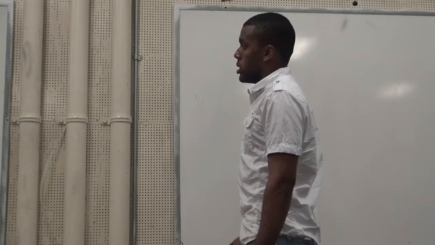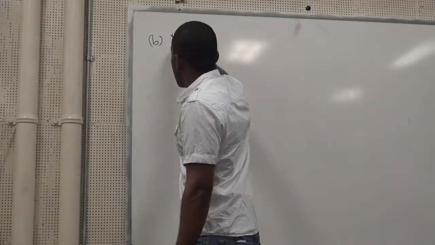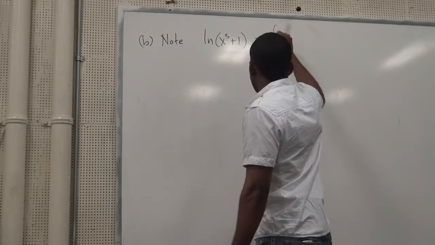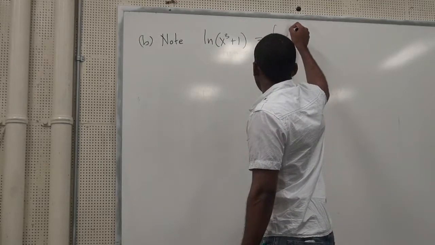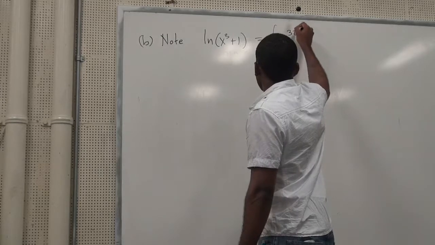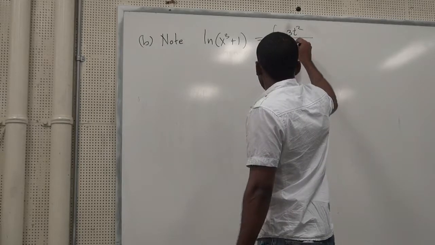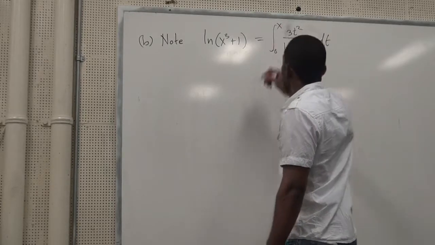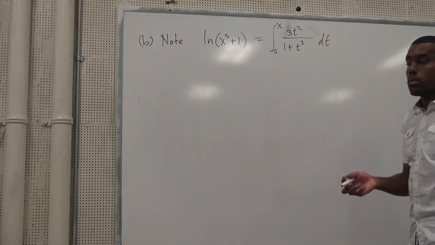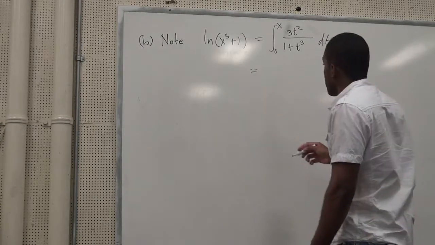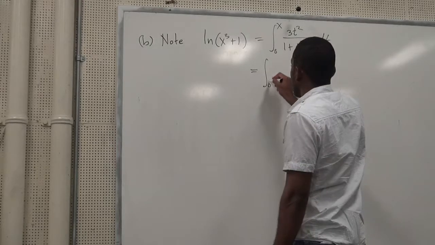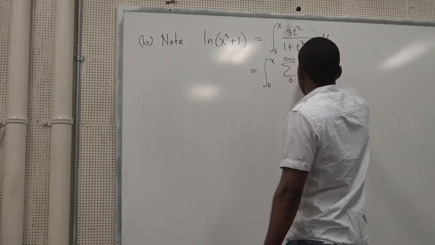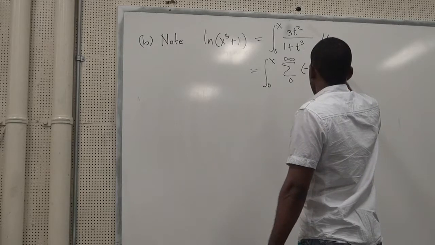So here, to note that ln of x cubed plus 1, you can just think of this as the integral from 0 to x of the sum of (minus 1) to the n, t to the 3n plus 2.